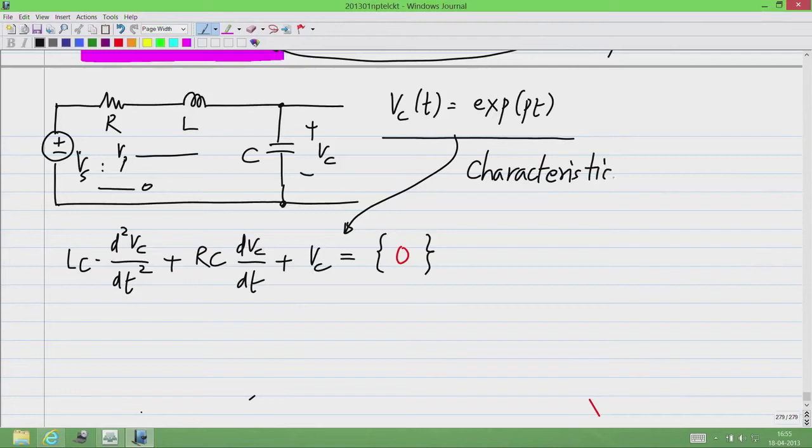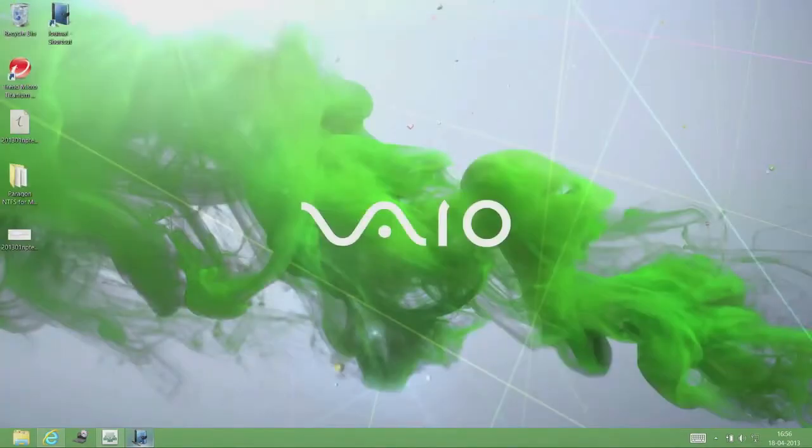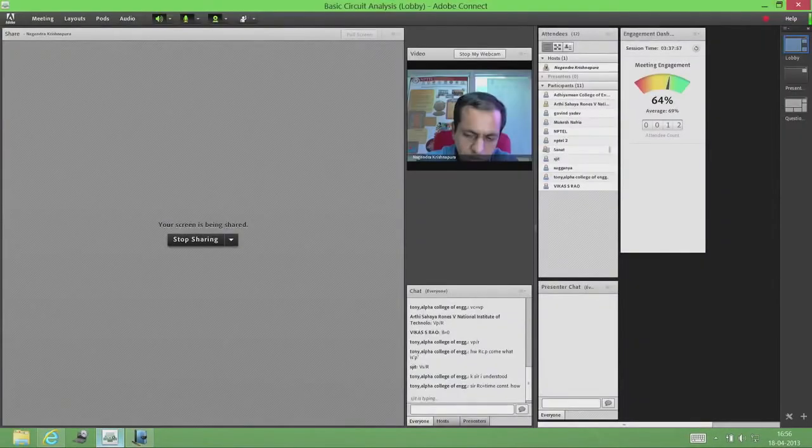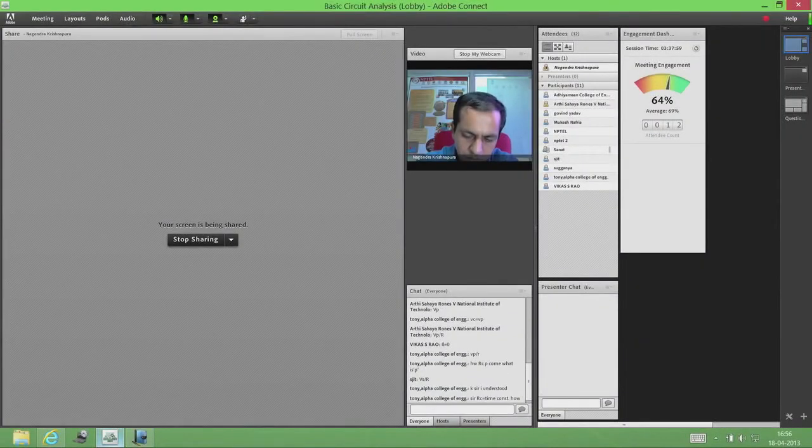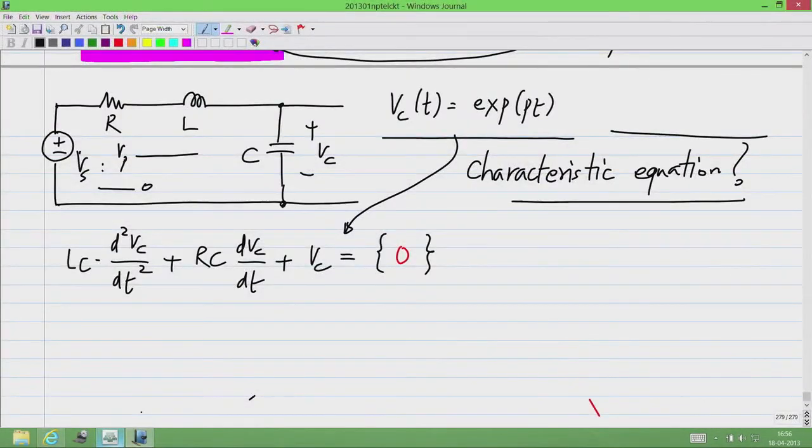Please try this out. Please assume that Vc of t is exponential pt and find the characteristic equation.